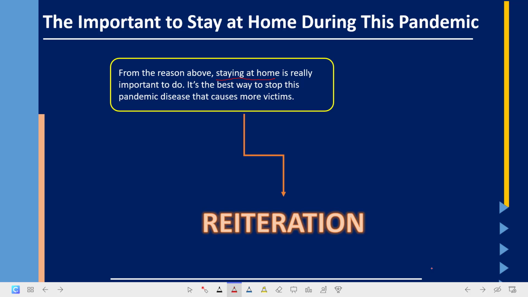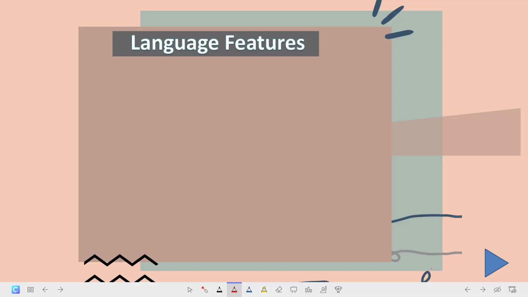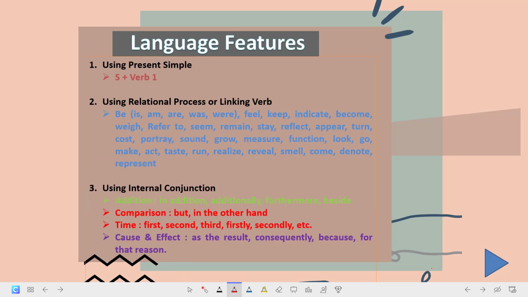And the last, we come to the language features. Actually, there are some language features used in analytical exposition, but now I only focus on three things. The first is using present simple. In analytical exposition, the tense that is mostly used is present simple.